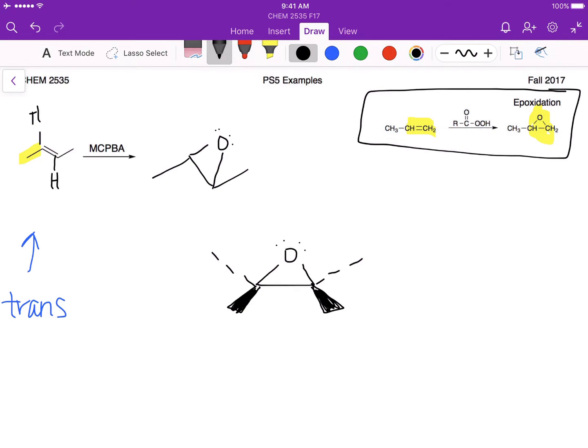So again, in the first one, we asked what is pointing down at us, and we said that is a methyl group. Okay, then what is pointing up and away from us? This hydrogen. So we put the hydrogen on the dashed line that's pointing up and away from us.